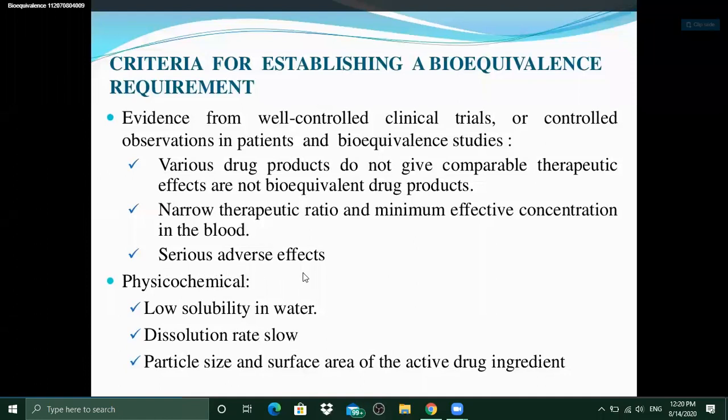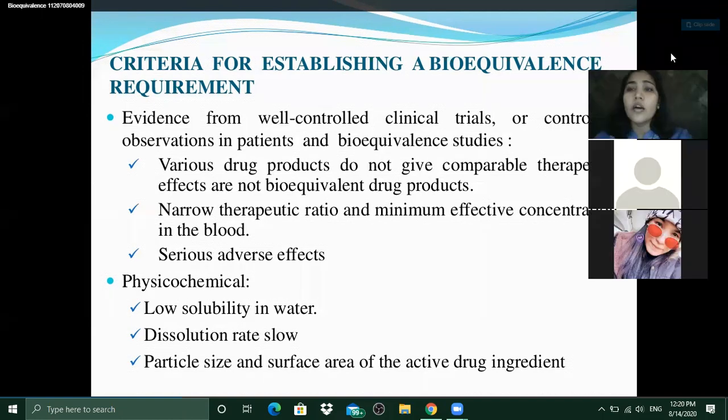Okay, and serious adverse events, serious adverse effects. So evidence from well-controlled clinical trials or controlled observation in patients and bioequivalence studies. So these are the criteria which will be required to establish the bioequivalence requirement.